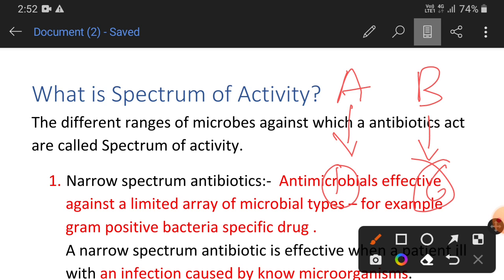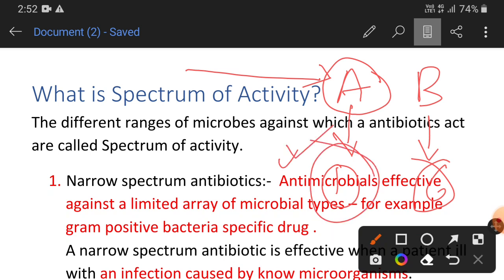As you can see, in the first case the effectiveness of A is only towards one kind of bacteria. That means the spectrum of activity for A is narrow, right? Because here only one microorganism type is present. So the first type of antibiotic, that is A, is called a narrow spectrum antibiotic.